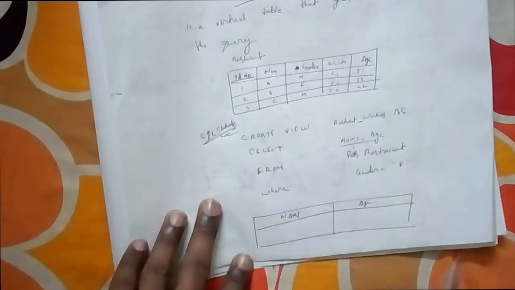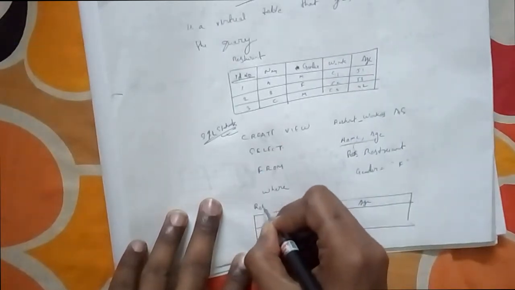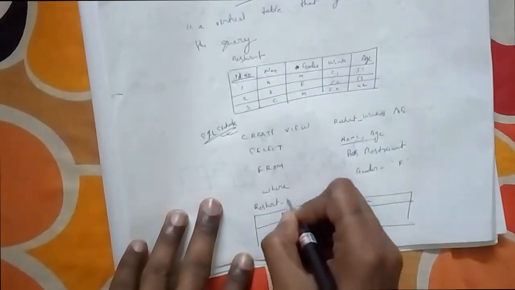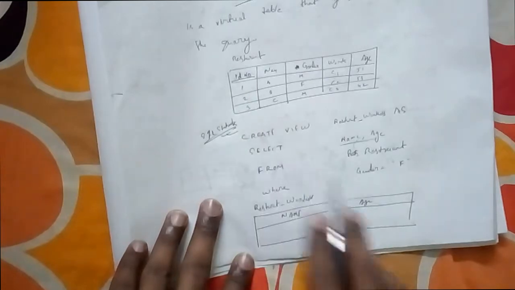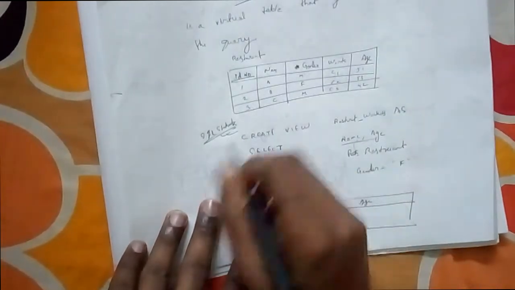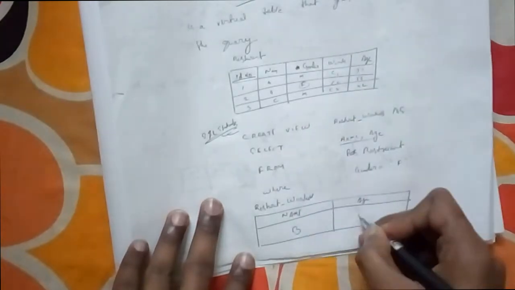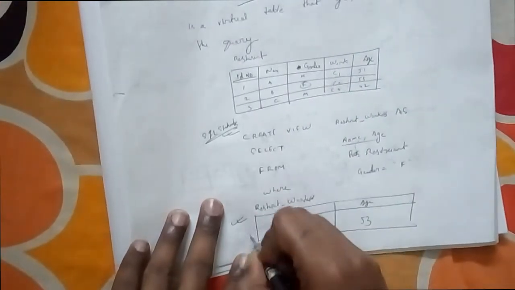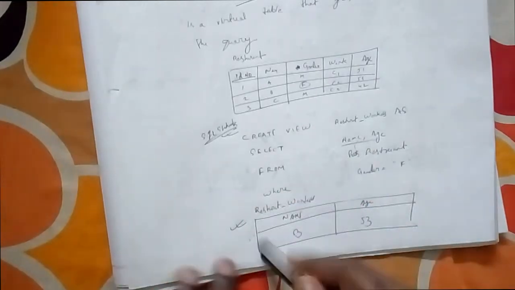And you have given the name as restaurant workers, name, age, from restaurant, where gender is equal to female. Where gender is equal to female is only one, so name is B and age is 53. This is your view.